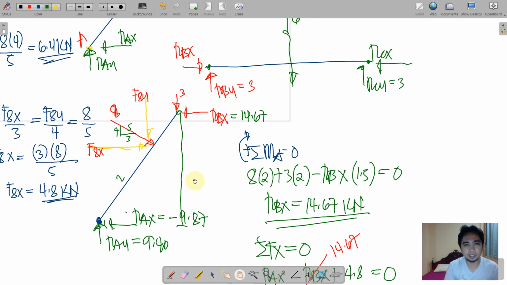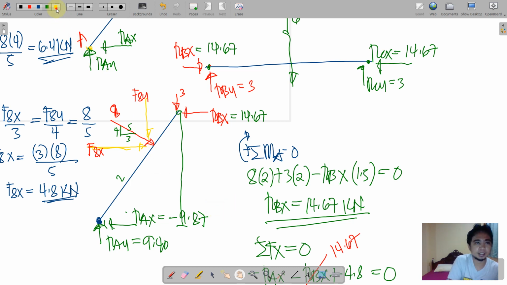Balikan natin yung isa kanina. So, RBX is 14.67. So, therefore, this is also 14.67. So, yung RCX is also 14.67. So, yan na. These are now the reactions.